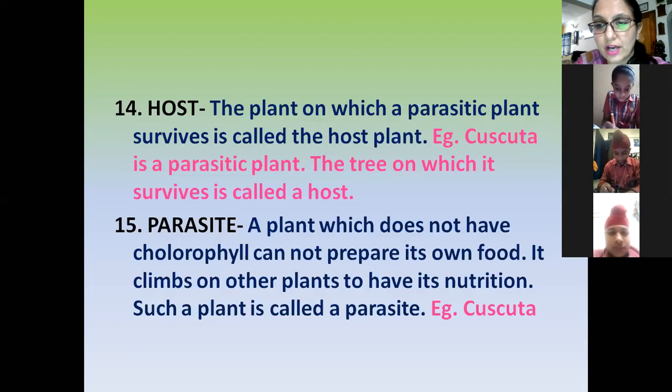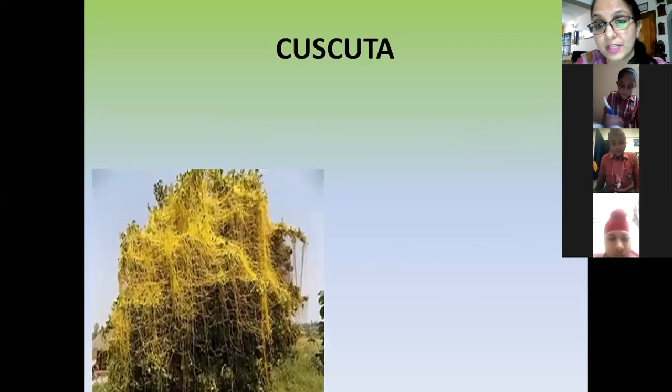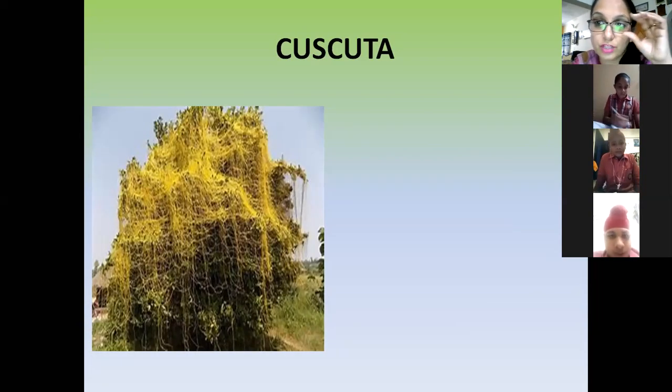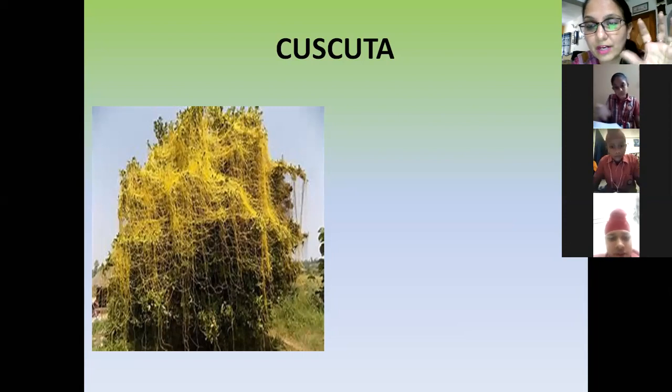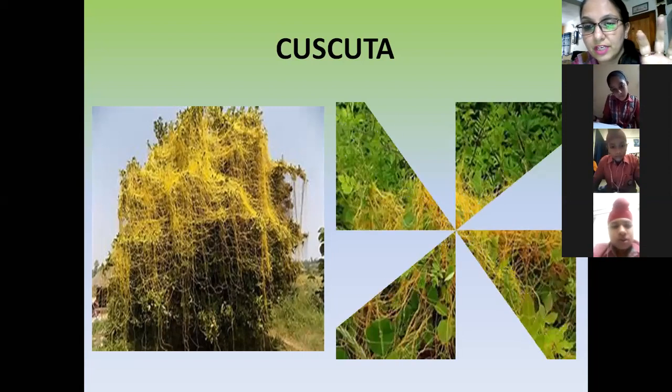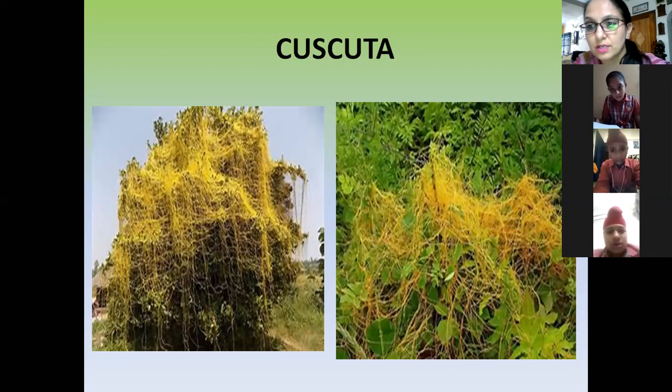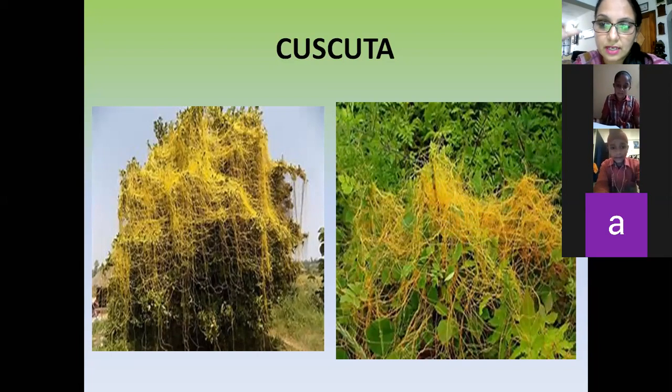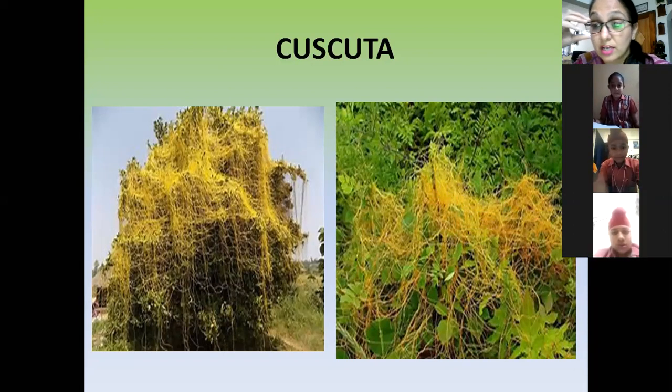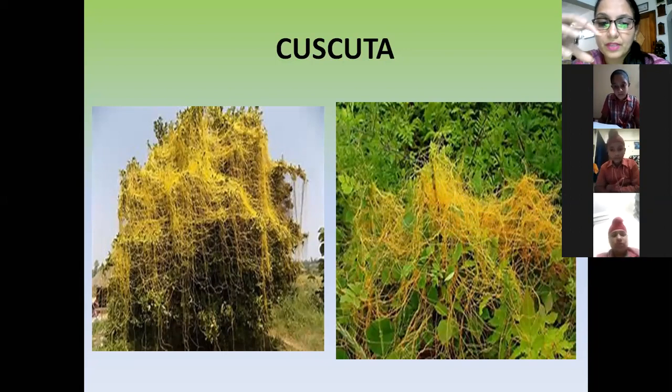Now I'll show you a picture. See this picture. This is cuscuta. You must have seen many times trees that have a yellow network over them, a web-like mesh. Have you seen this? Sometimes when you're traveling, or in a forest, or in the big gardens around the forest. There is a yellow plant over the other plant.